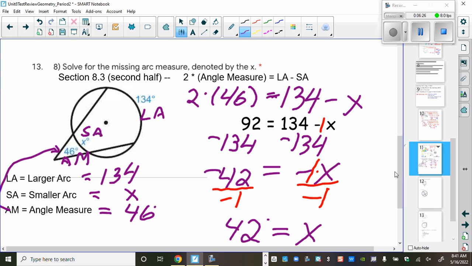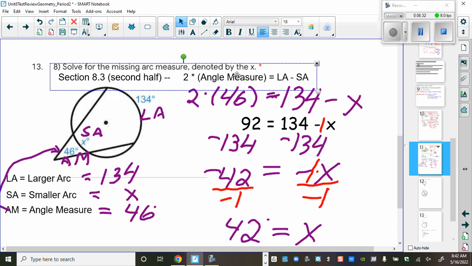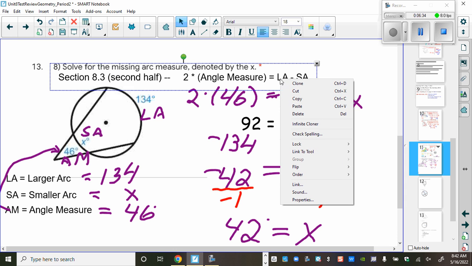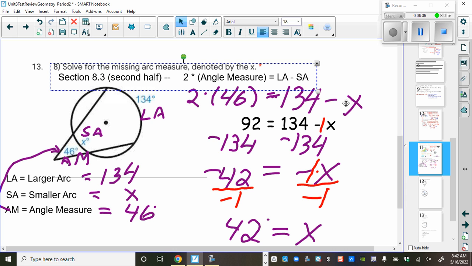All right. So, everybody, get ready to copy this because we're going to use this again. You all have it? Let me know when you're all ready. Because you will get a problem like this on your test, I guarantee you. That's a promise.